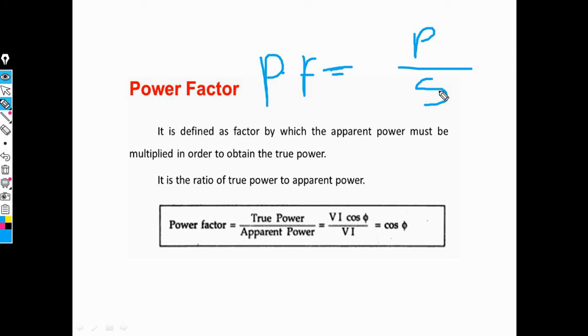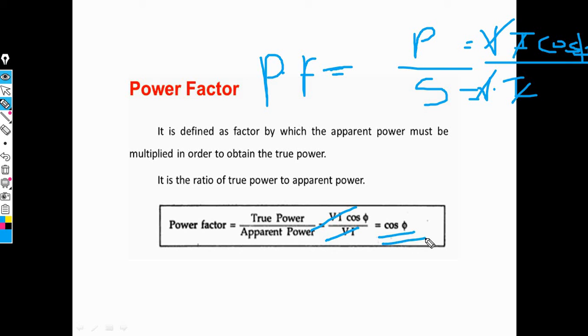Apparent power means the product of voltage and current, and true power means V into I cos phi. Then V and I get cancelled. Then the power factor is cos phi.